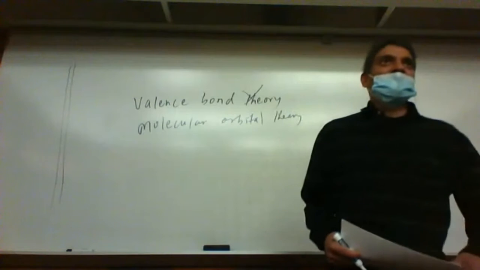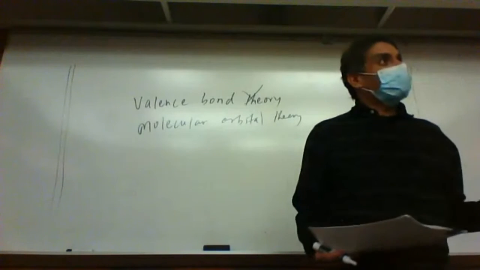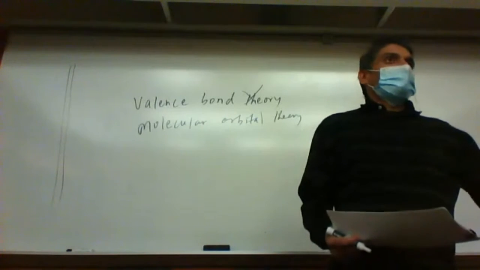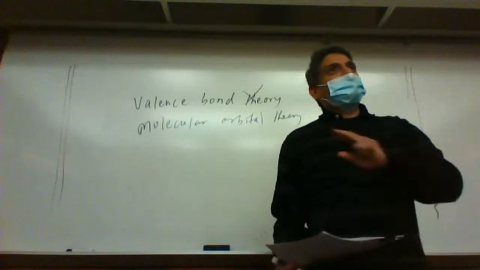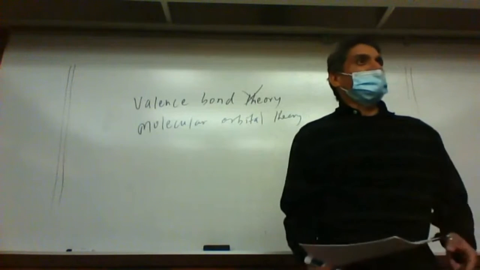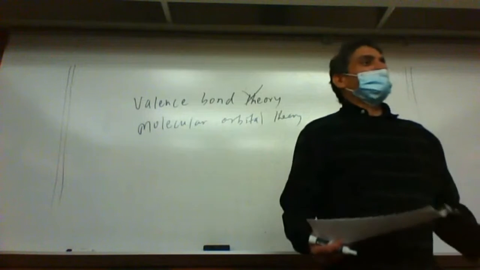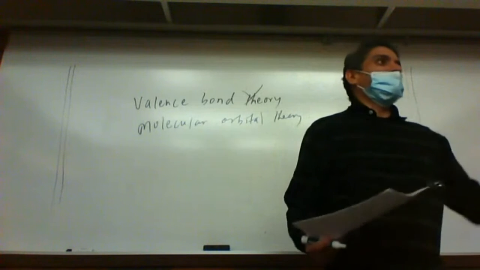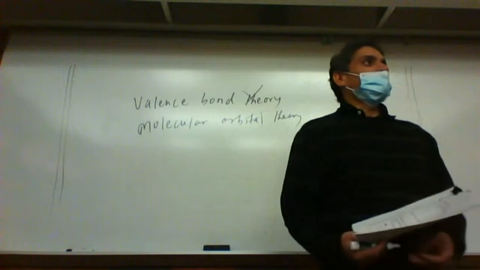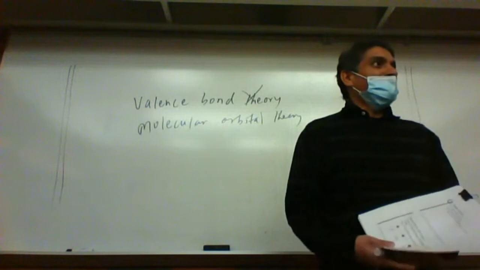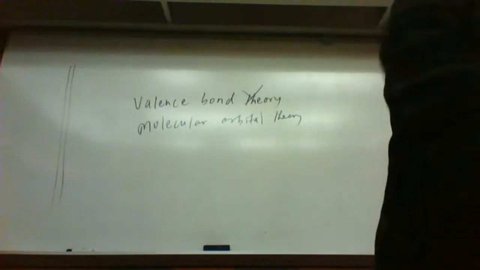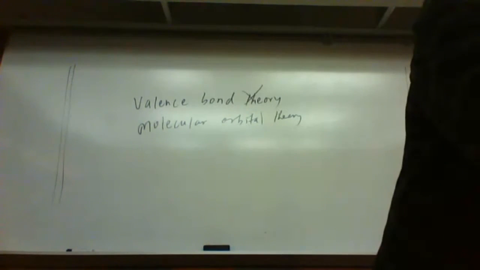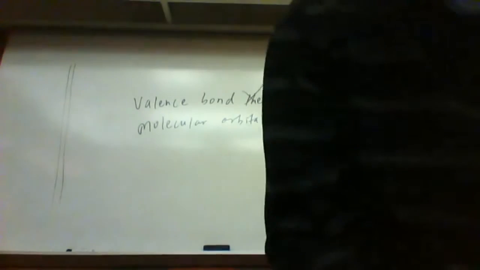Valence bond theory has some merits and some demerits, and molecular orbital theory comes and tries to remove some of the demerits of valence bond theory and explain better. But molecular orbital theory is also not complete, and it cannot explain all the properties of molecules. So we try to use both theories to explain the bonding in molecules.